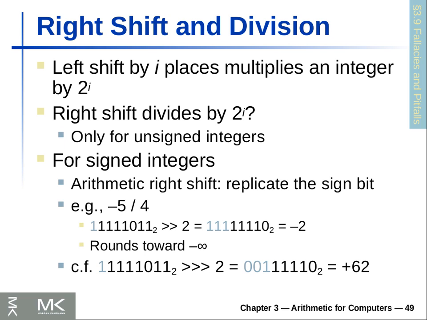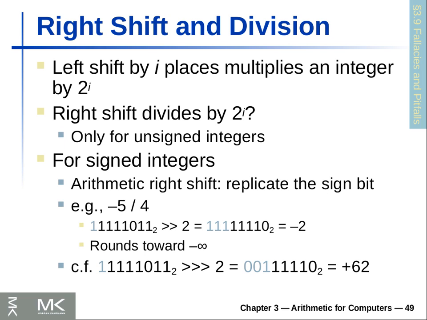So 32 shifted by 2 is going to equal 8. Yep. And 2 to the 2 is 4, so 32 divided by 4 is 8.